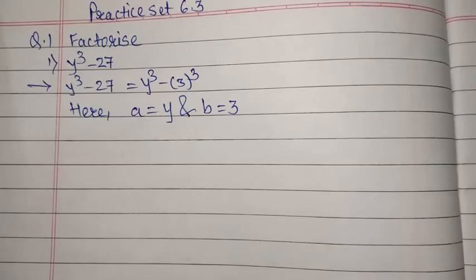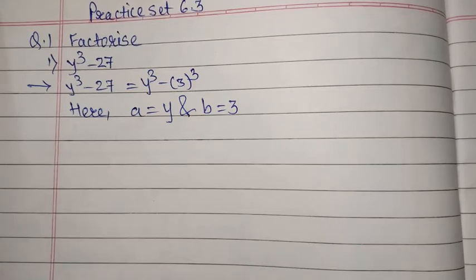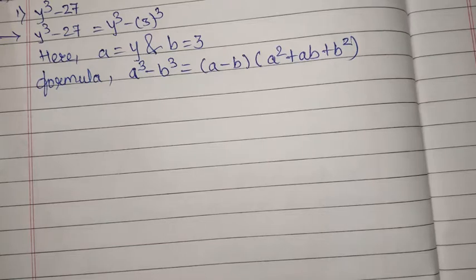See children, here a is equal to y and b is equal to 3. In the next step we'll write the formula. See, the formula is a cube minus b cube is equal to a minus b into a square plus ab plus b square. Now next we'll write one sentence by substituting values in the formula.